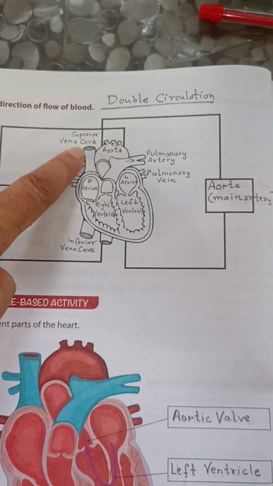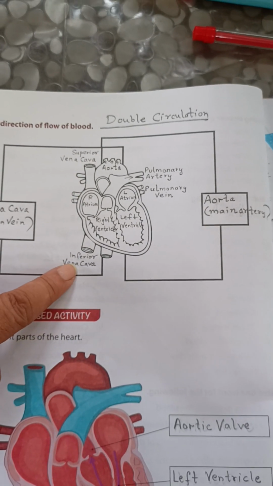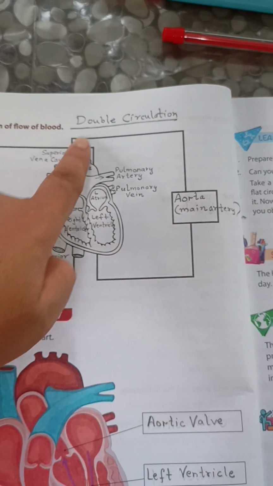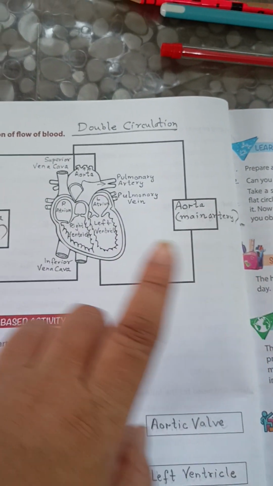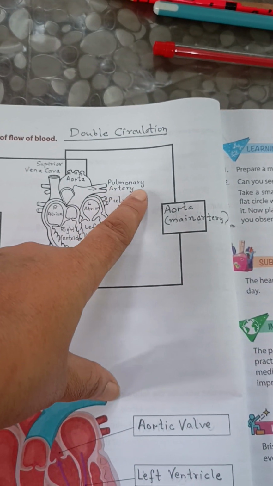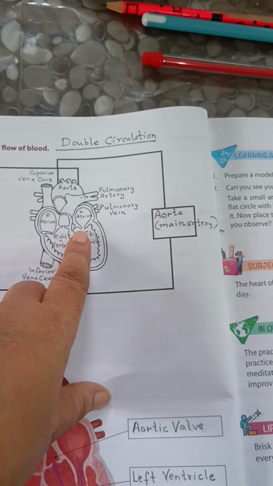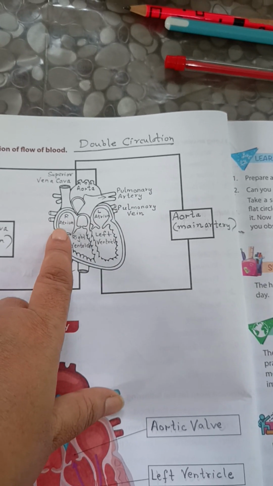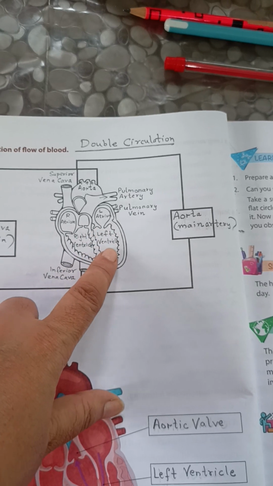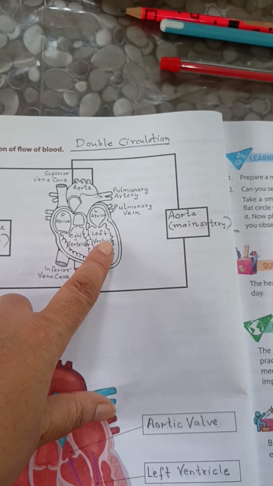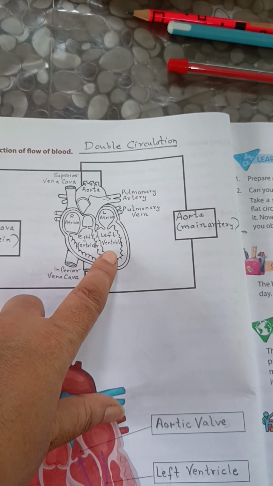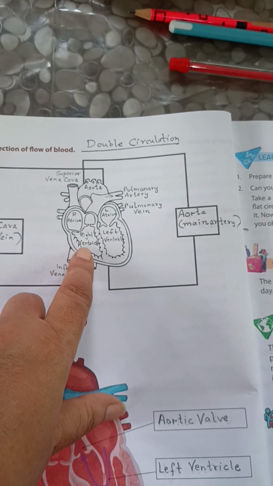So this is our superior vena cava, inferior vena cava, aorta. From here the blood supply to all parts of the body. This is our pulmonary artery, this is pulmonary vein, left atrium, right atrium, this is our right ventricle, and so I'm so sorry, this is the left ventricle and right ventricle.